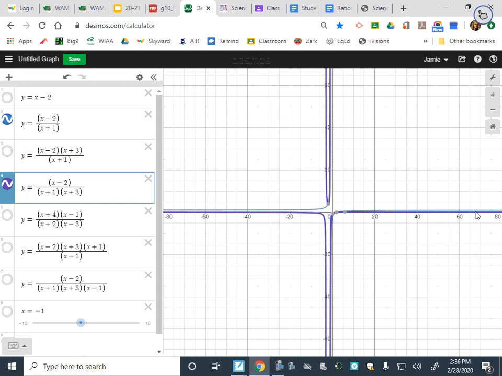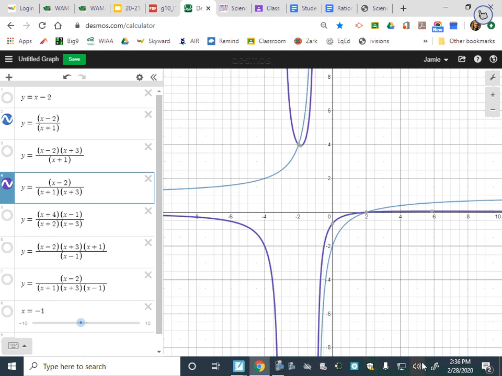And on this side, I'm getting closer and closer to 0, not to 1, but I'm above the axis now. So it's like it's coming back down toward the x-axis there.